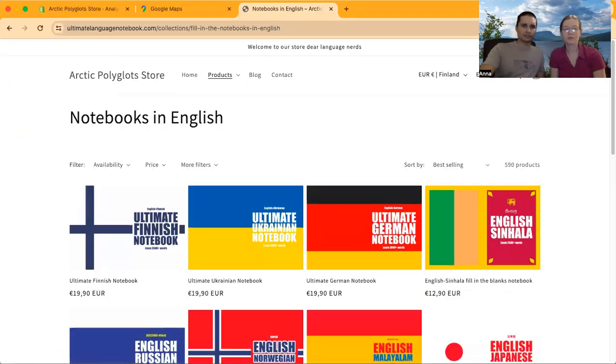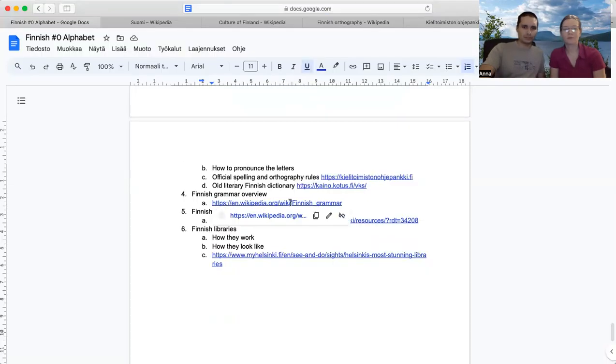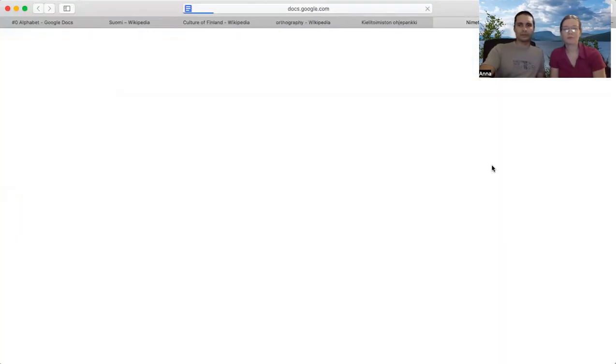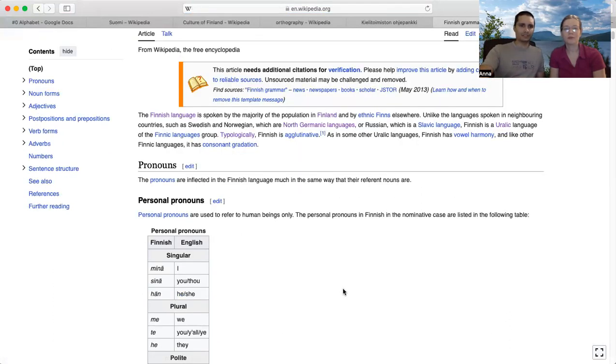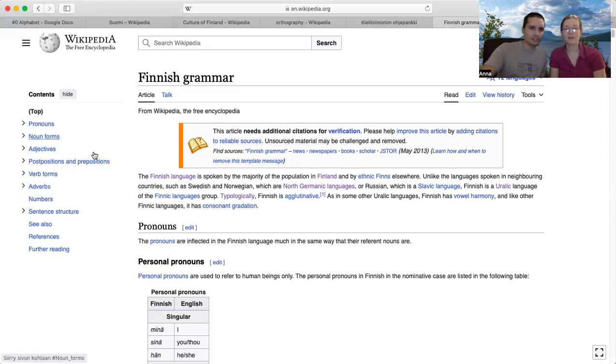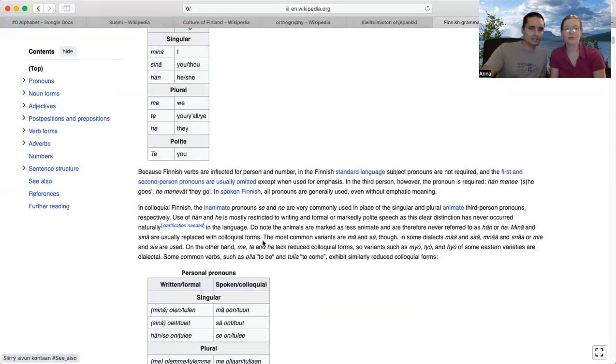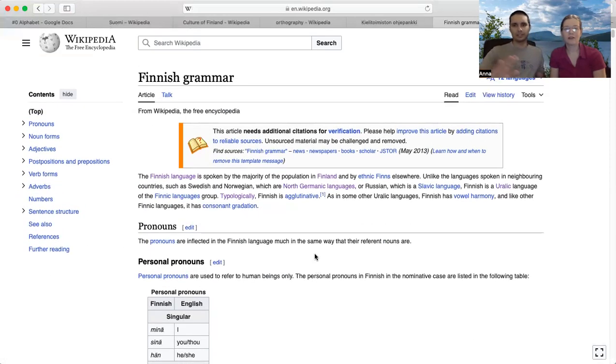Okay, let's actually just use Wikipedia. We're just telling the main things. So Finnish doesn't have any genders, any grammatical gender on nouns or pronouns.